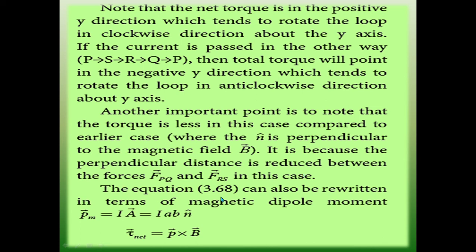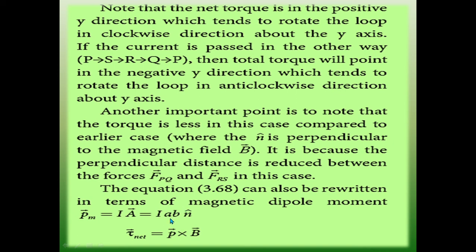The equation 3.68 can also be rewritten in terms of magnetic dipole moment. What is the formula for magnetic dipole moment? Pm vector is equal to I A vector. Already we know the value of A: A is the area of the rectangle, length into breadth.